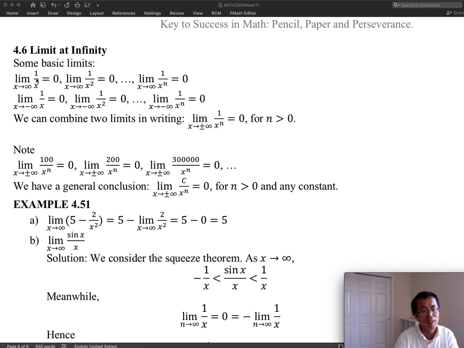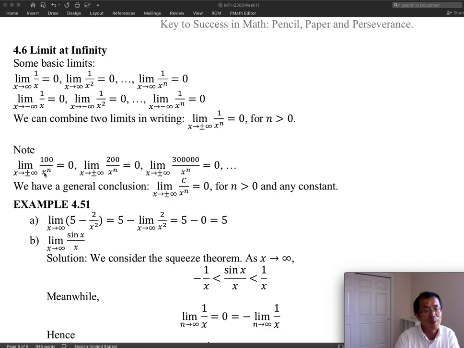Another interesting fact: in all the cases I showed, the numerator is 1. Then you may wonder what happens if the numerator is 2 or 10. I got some bigger numbers here in my notes. Say the numerator is 100. Think about it very carefully. Let's consider the limit of 100 over x, as x approaches infinity. The denominator is bigger than anything you could imagine. 100 is not going to beat infinity at all.